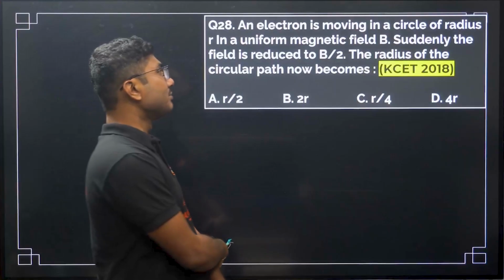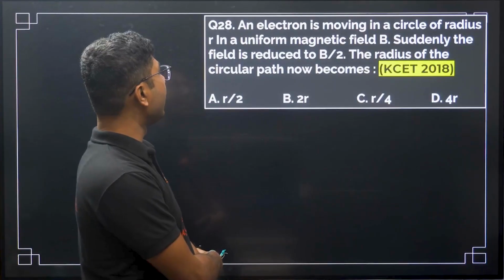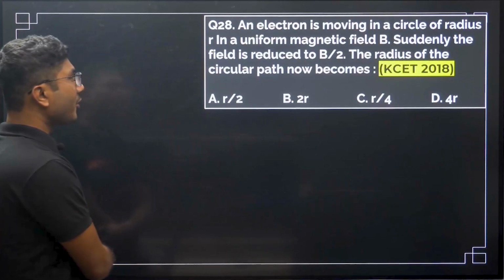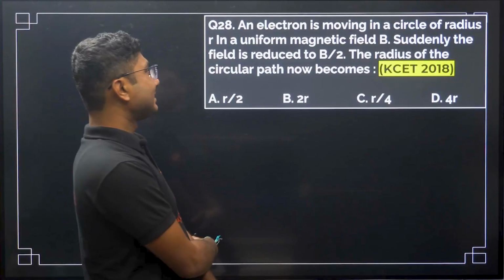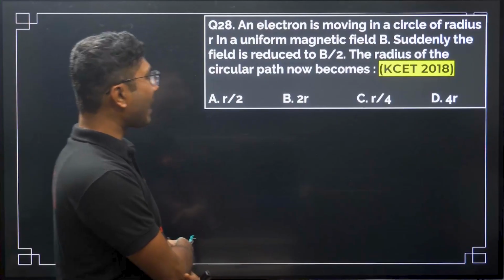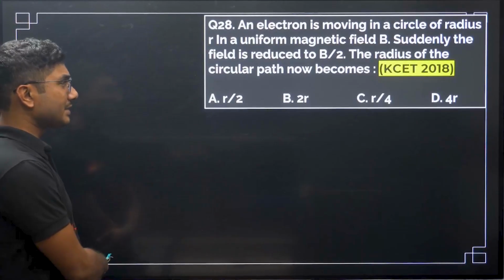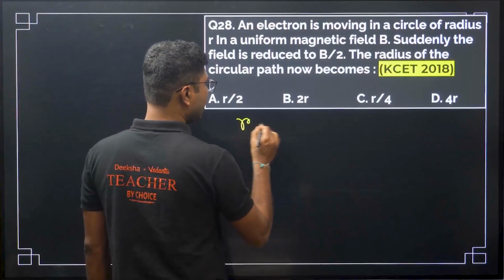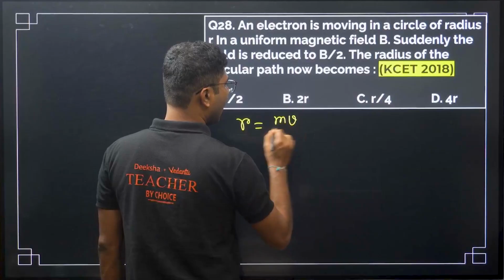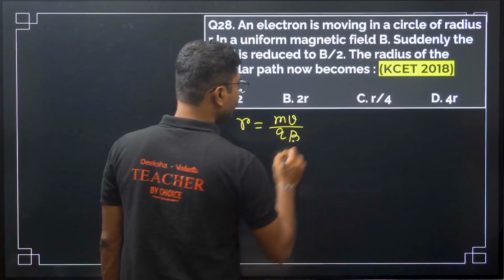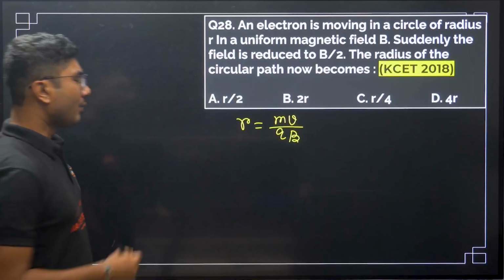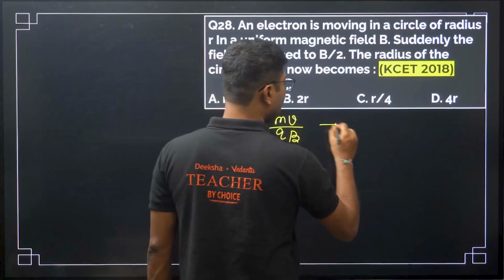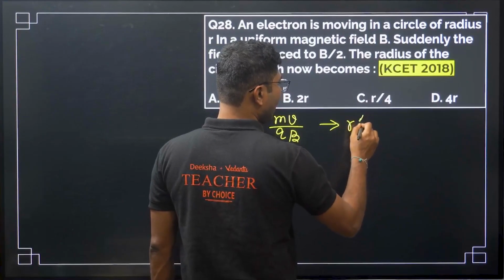An electron is moving in a circle of radius R in a uniform magnetic field B. Suddenly the field is reduced to B by 2. The radius of the circular path now becomes... let's see what the formula is. So radius is mv by qB. This is the old radius. Now what you have done, you have reduced the magnetic field to B by 2.